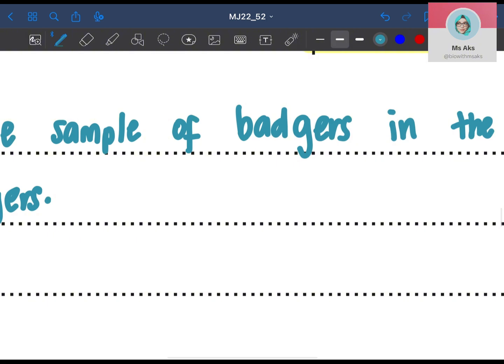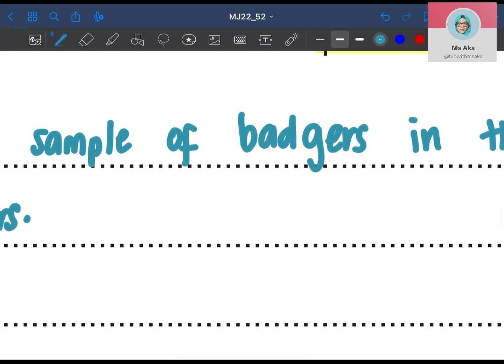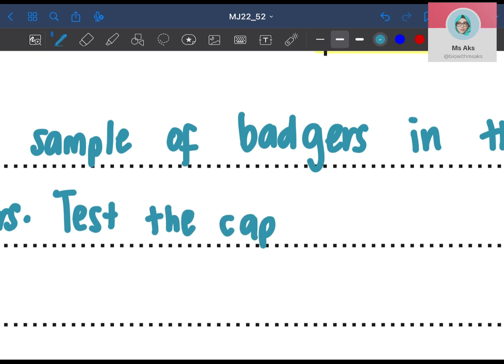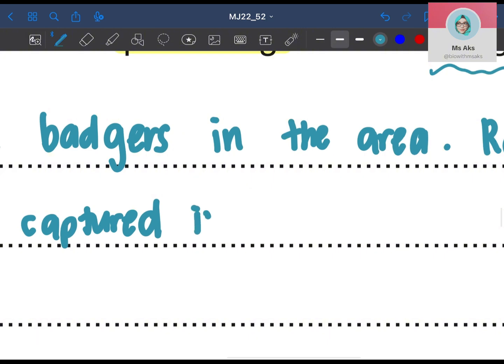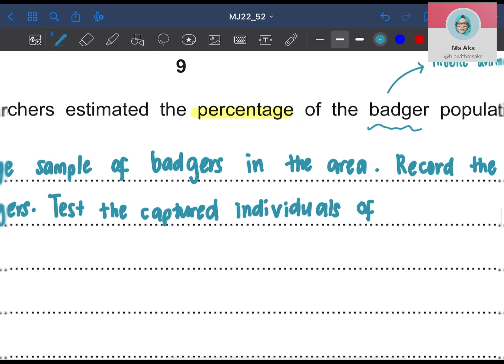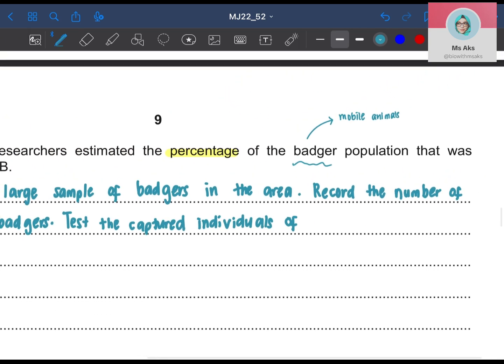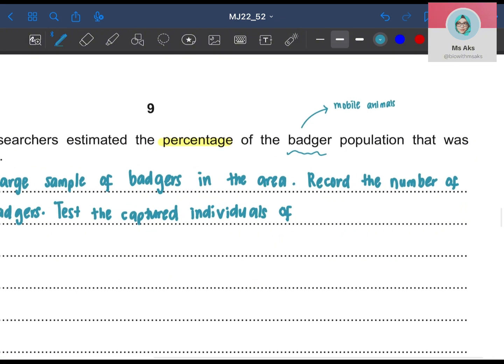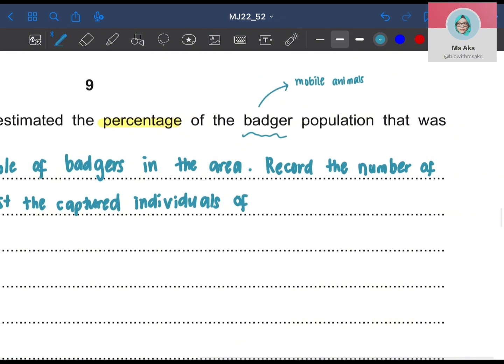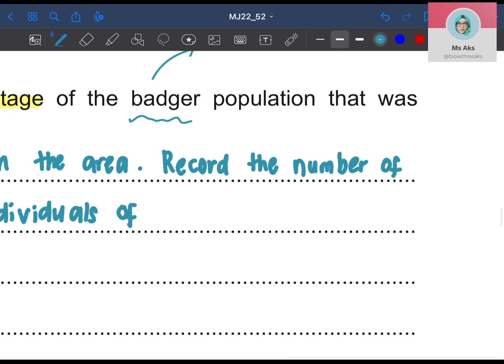Okay, and we test those badgers. We catch those badgers, and then we test the individuals to see if they have TB or not.